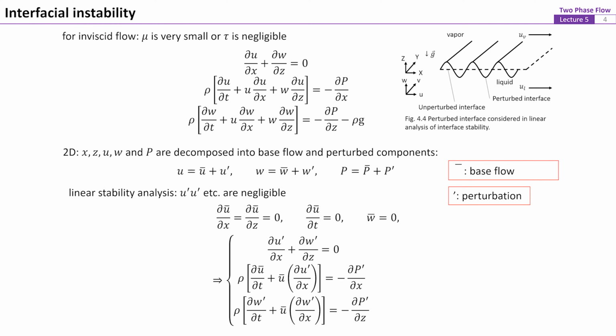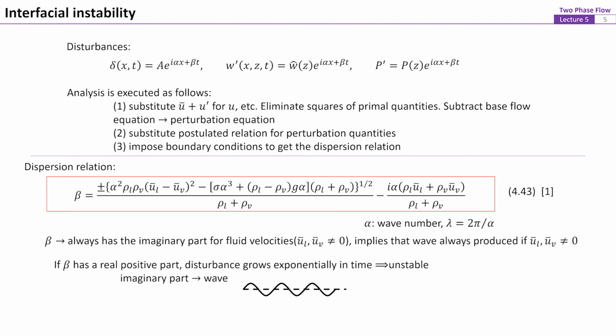Then, the velocities u and w, as well as pressure P, are decomposed into two parts, corresponding to the base flow and the perturbation, respectively. For simplicity, here we also assume that the disturbances to the interface are only dependent on x and t. The problem is then subjected to a standard linear theory analysis.